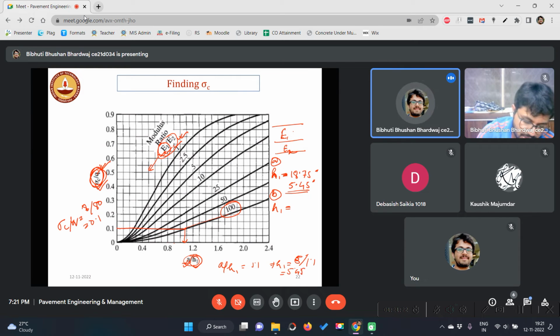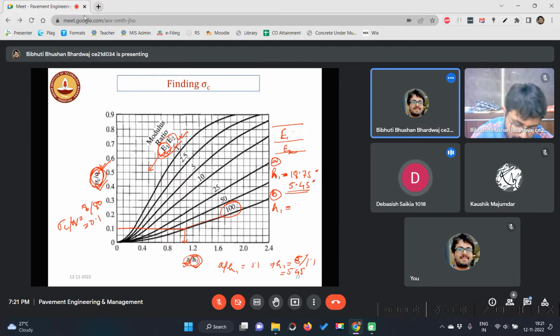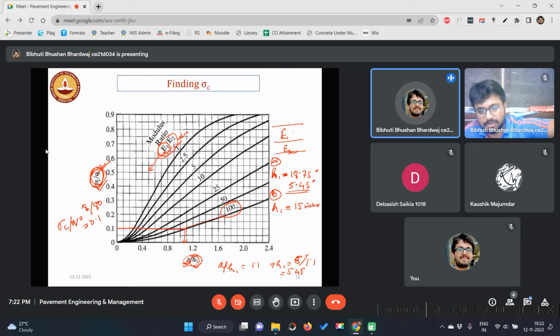What about part B? So I found it as 15 inches. 15 inches? Yes, sir. 15 inches. Very good. Yeah, it's 15 only. So every numerical you try to visualize. There is a ground surface.